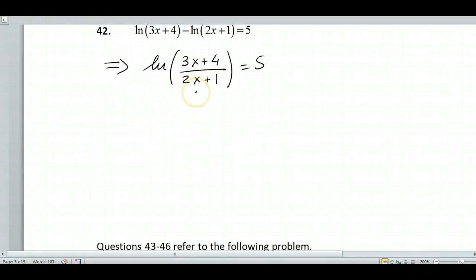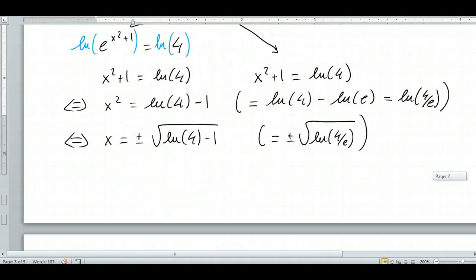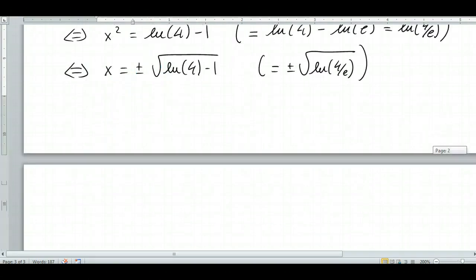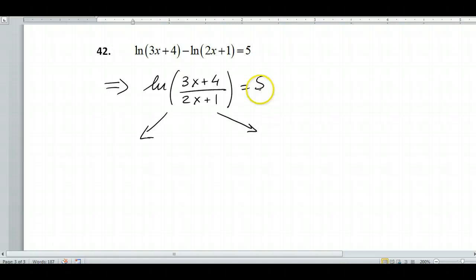So what do you do right here? Well, I'll go in both directions here. If you want the equivalence of taking ln on both sides and then getting rid of it, you would have to rewrite the right side.